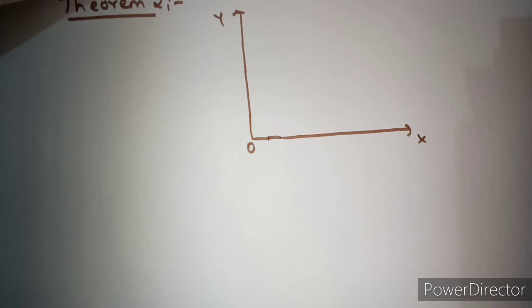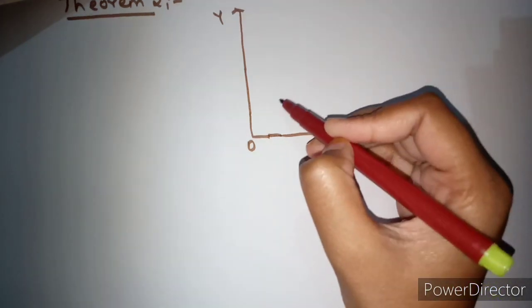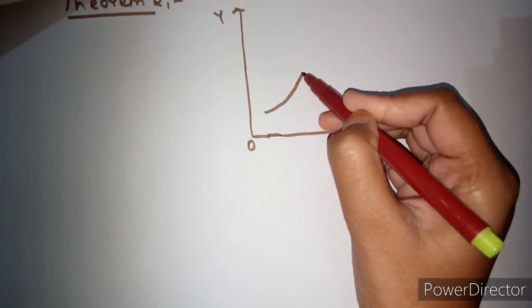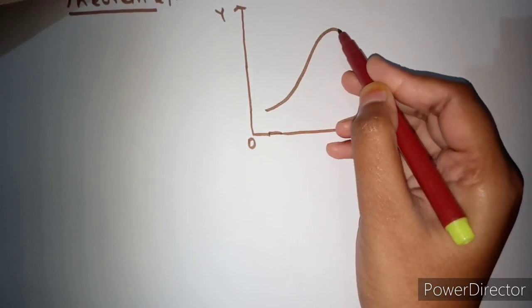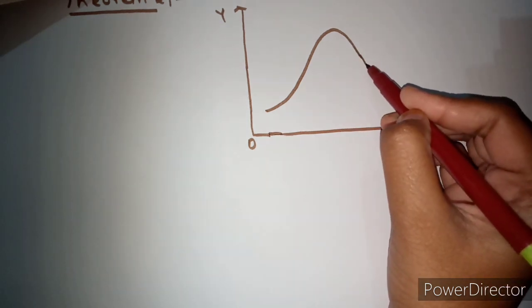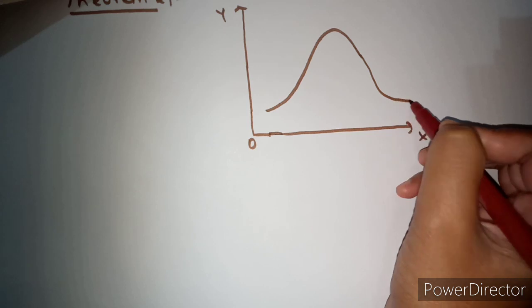I have taught you how to write y is equal to f of x, function of x. So I am taking a real valued function and plotting the graph of that real valued function. First the function is increasing and then suddenly it is decreasing. This is how the function looks.